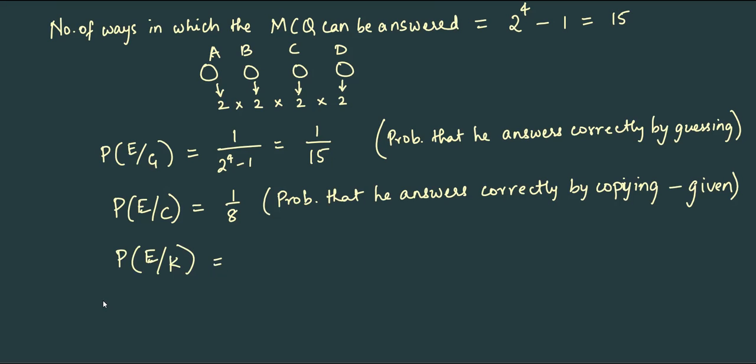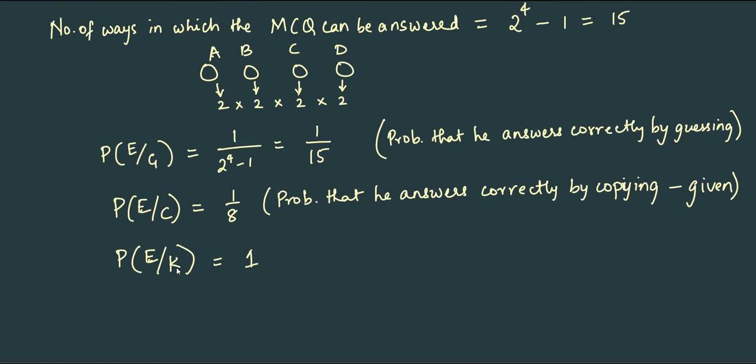Suppose you know the answer. If you know the answer, what is the probability of marking it correct? It will be 1, because there is only one choice that you will choose, 100%. So this is the critical point of this question.